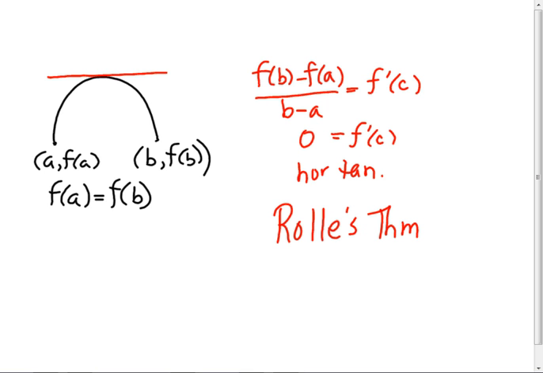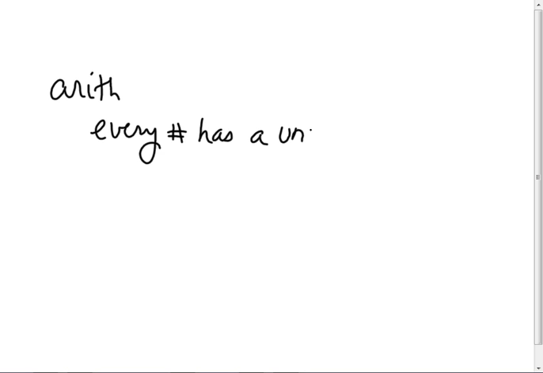You know what the fundamental theorem of arithmetic is? I don't know. It may be. I haven't been in college math for a long time, but the fundamental theorem of arithmetic is that every number has a unique, what does unique mean?